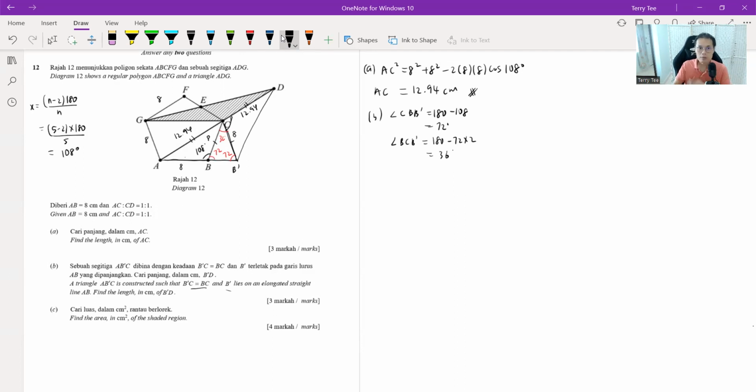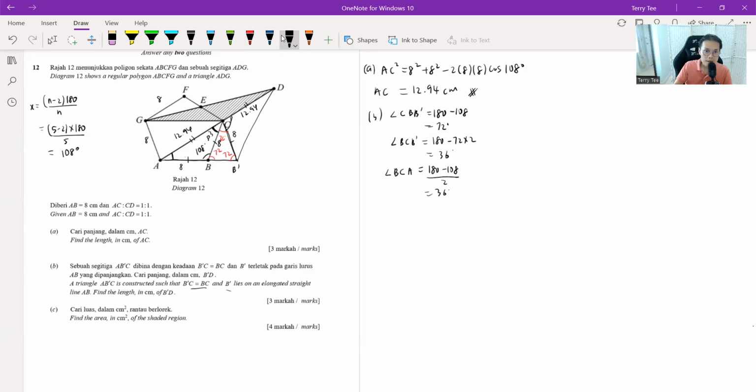So if I know this is 36, and in fact, if these two are equal length, this is 8, this is also 8. That means this angle and this angle must be the same. That means my angle BCA is 180 minus 108 divided by 2, which is 72 divided by 2, also 36.